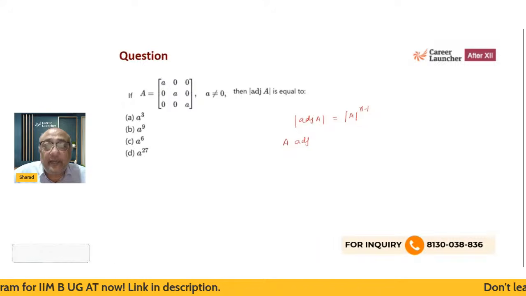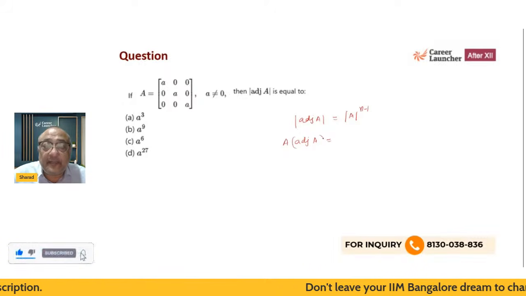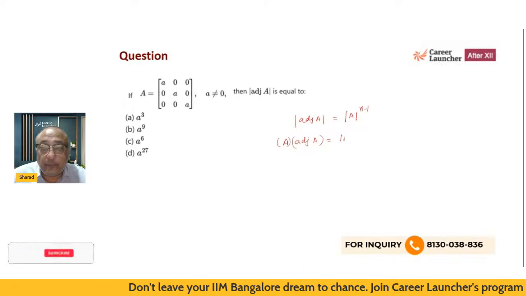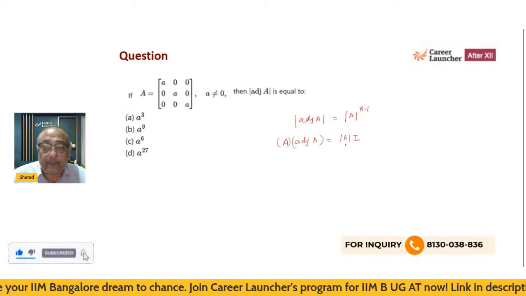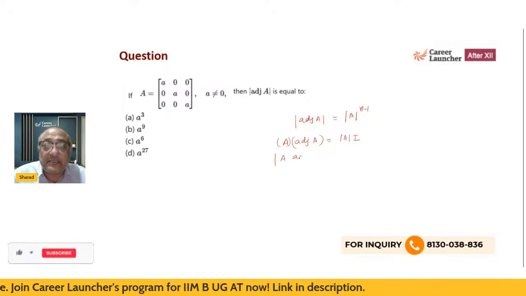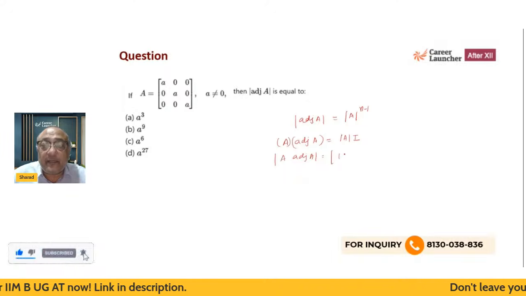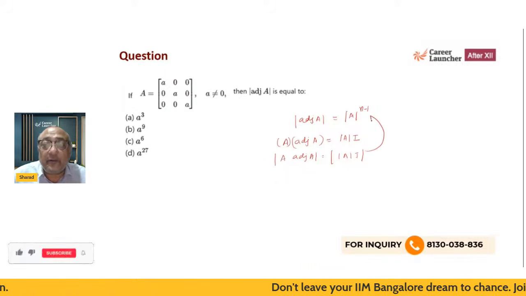Because A into adjoint A is A multiplied with determinant of A into I. So if I take the determinant of A into adjoint of A, I'll get determinant of A and I. I'm 100% sure now you can relate to this formula.